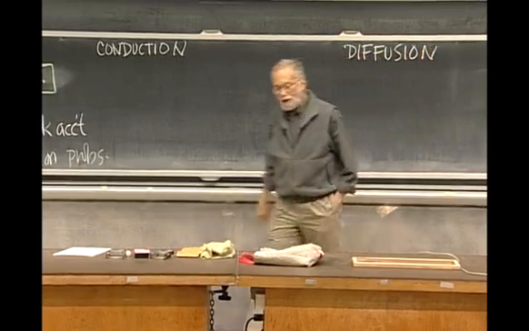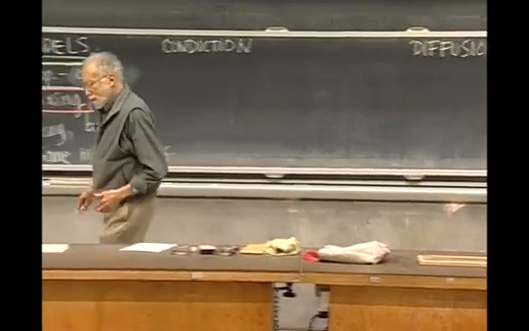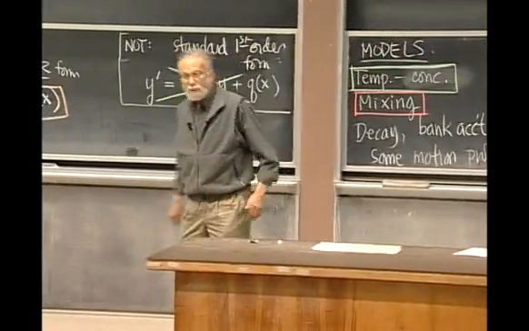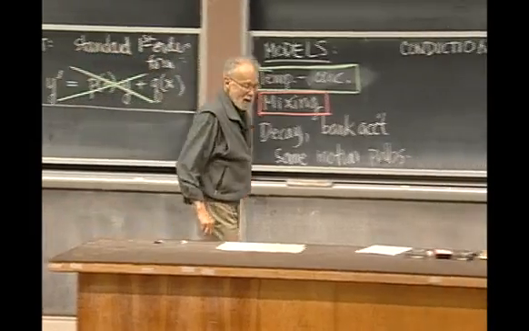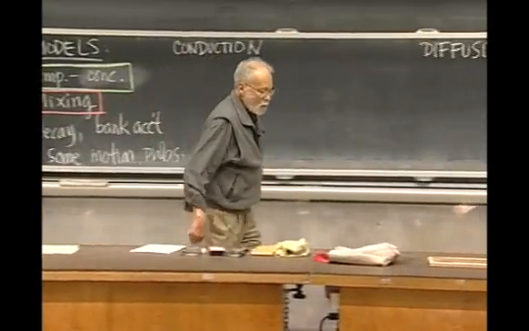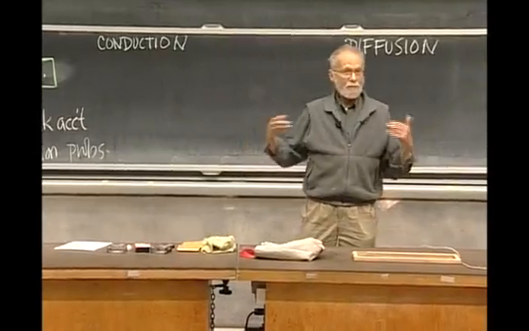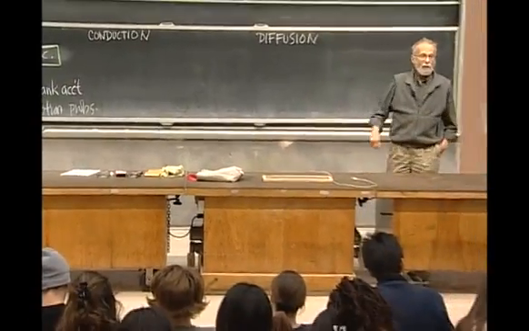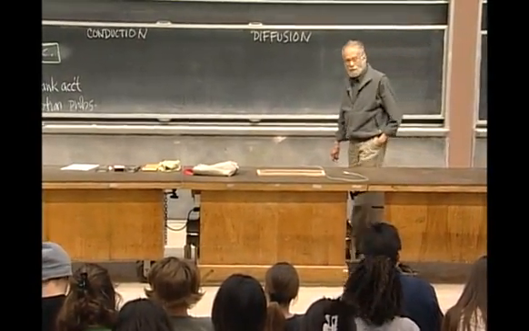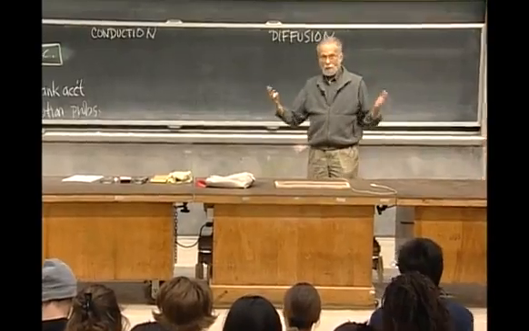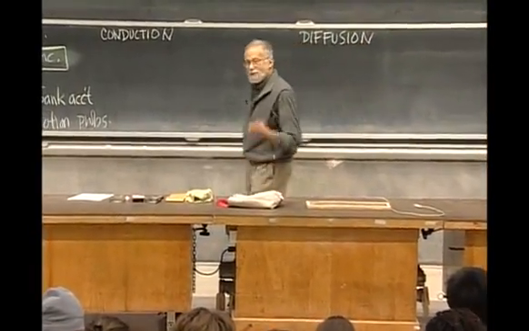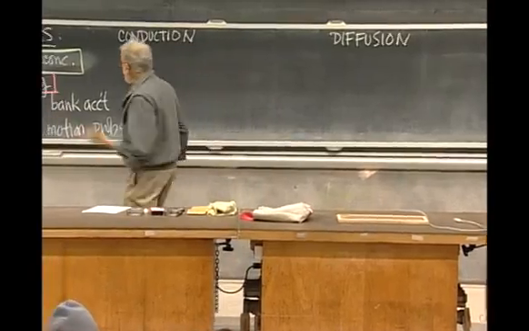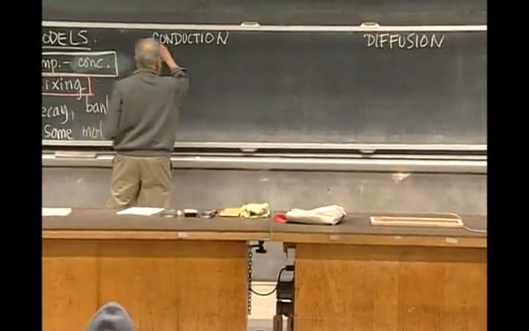Since, as you'll see, the similarities, or they're practically the same model, all that's changed from one to the other is the name of the ideas. In one case you call it temperature, and the other case you call it concentration, but the actual mathematics is identical. But so let's begin with conduction.